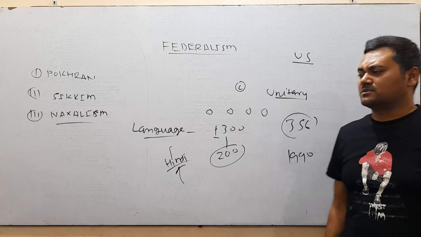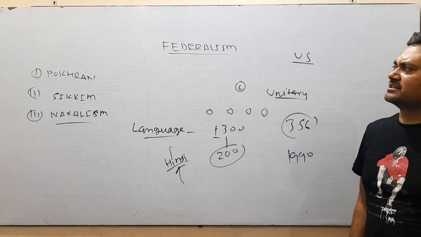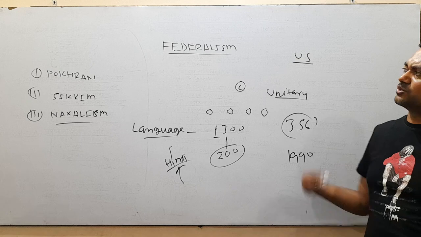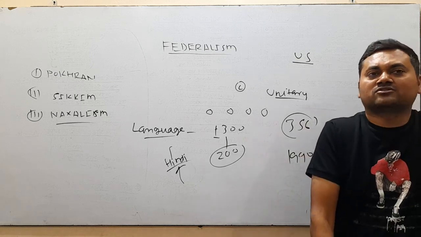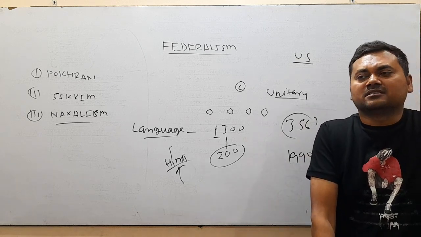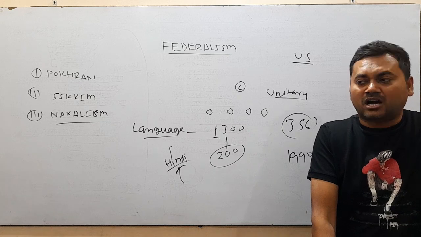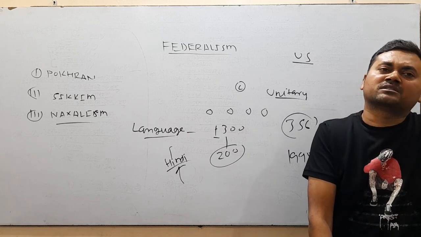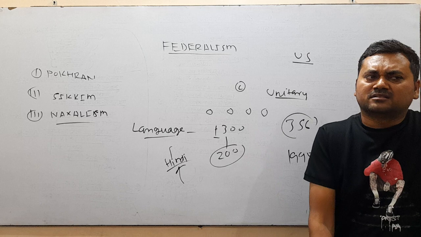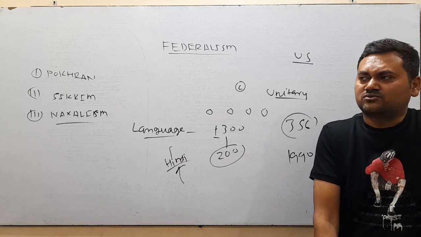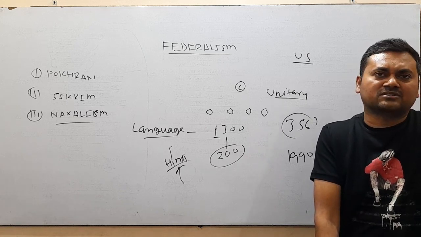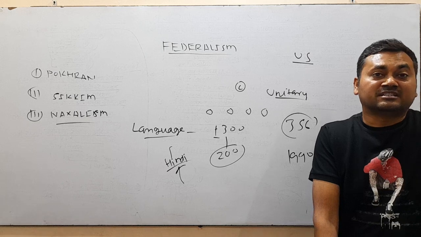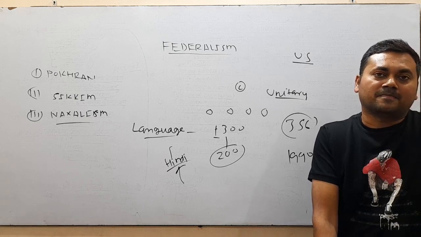So these were some of the things related to federalism, what actually federalism is, and how the powers are shared. The last thing which I would like to tell, after that I will wind up my class, is the decentralization of the power.